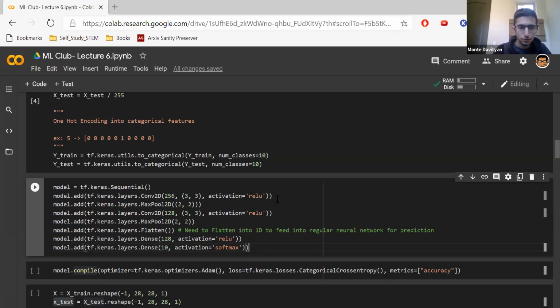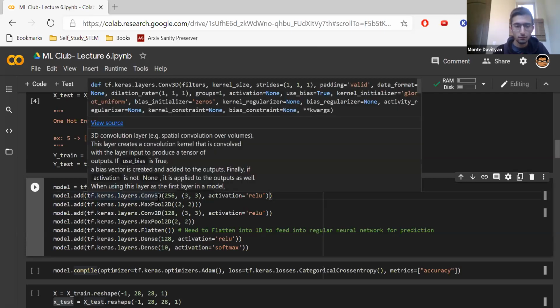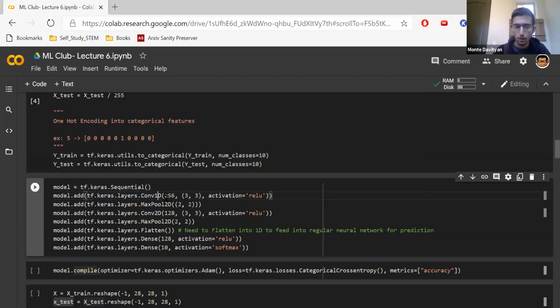In the first layer, again, we say tf.keras.Sequential just to tell it that this is a sequential model, just like we did with the LSTM and the regular neural network. And so we're going to have the Conv2D. There's different convs: we could have a Conv3D, or we could have a Conv1D.